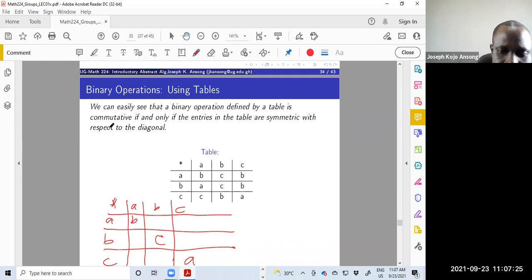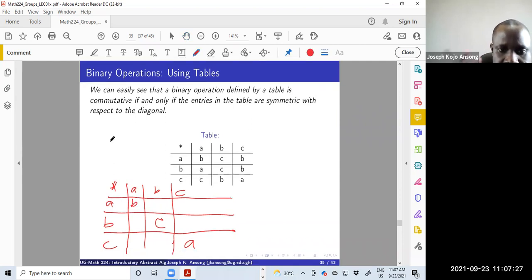Now, if the operation was commutative, I do A and B, this gives me C. I expect that if I do BA, I should get C as well.